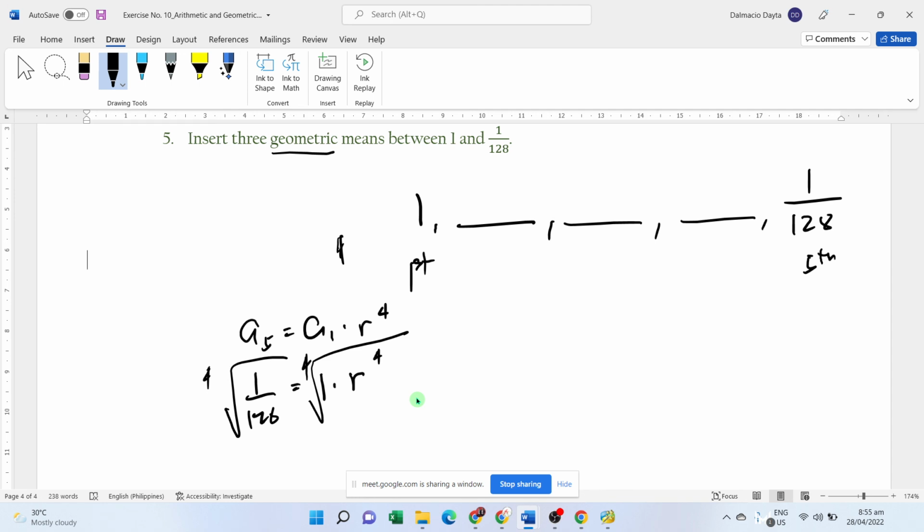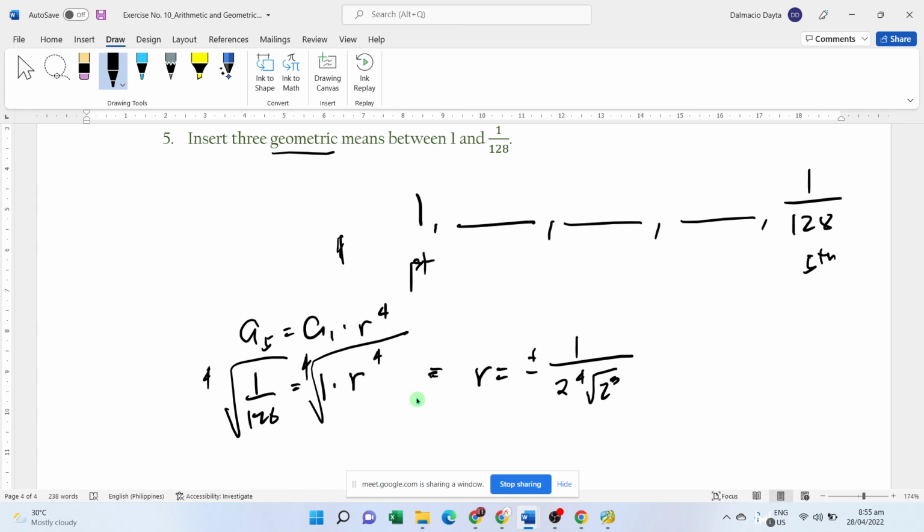Using a calculator, the fourth root of 1 over 128 is equal to 1 over... so r is equal to plus or minus 1 over 2 times the fourth root of 2 cubed.